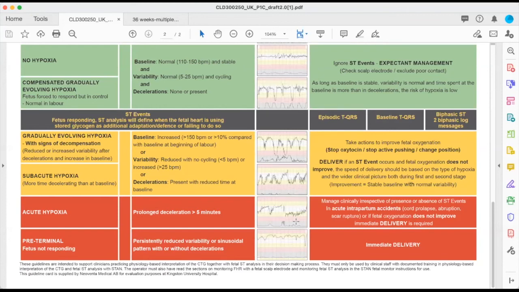Or if it's pre-terminal, so this baby's brain was already gone and I can't see any responses, I will need to act and not wait for STAN once again. In pre-terminal cases, the damage or the changes are mostly beyond the scope of STAN anyway. So out of the entire scope of physiology and CTG, we are left with two situations.